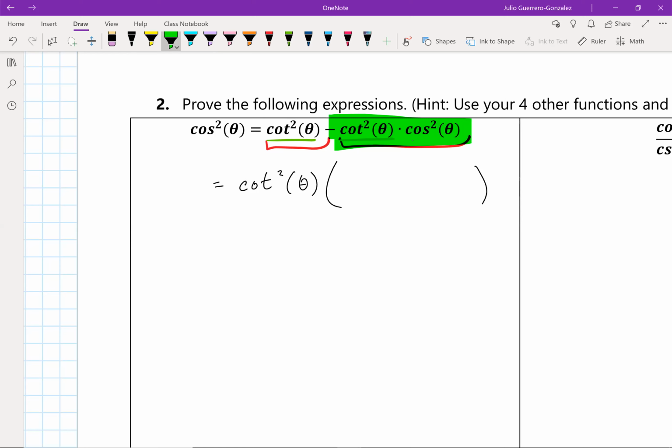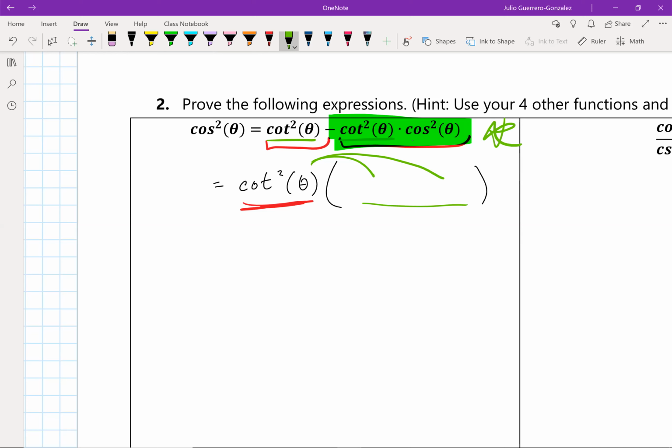So how about we do it this way? We need to pull that out, right? Which means in here there's got to be something times something, and then something times this to make this thing up here. So we have to make the cosine squared that's at the end?